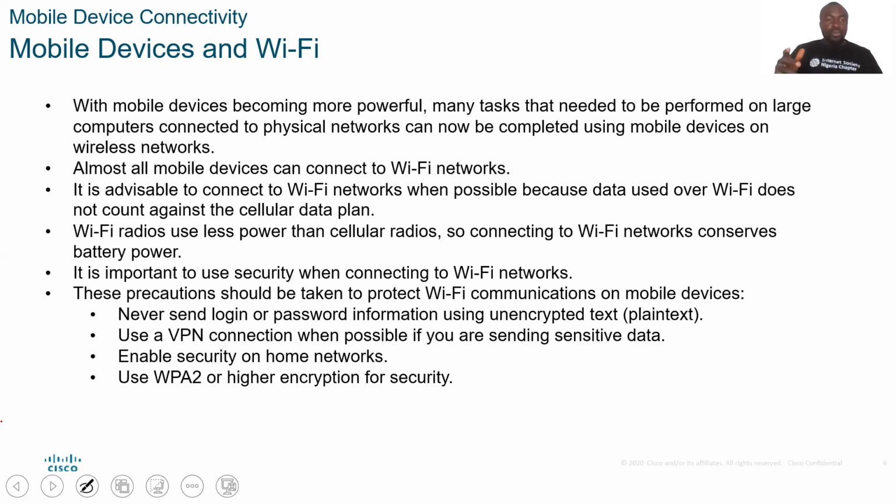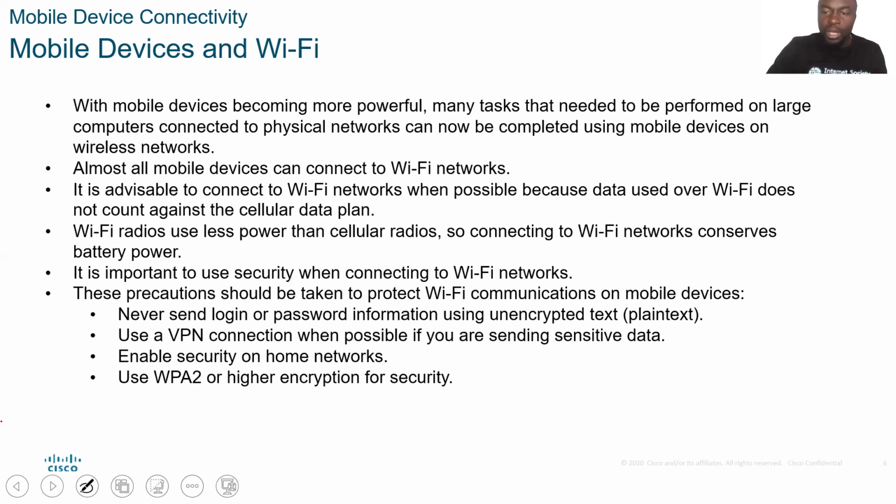Okay, so Wi-Fi radios use less power than cellular radios. What is the difference between cellular radios and Wi-Fi radios? Cellular radios are the ones on this mast, this tower. You see all these telecoms, they build this tower and they put these radios there. On those radios, they have what we call transmitters.